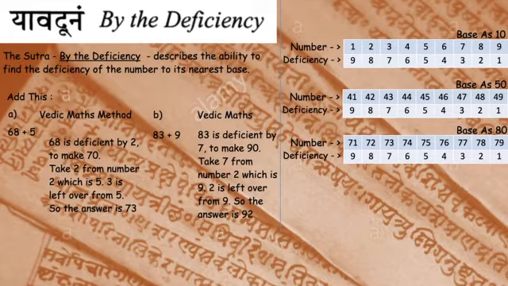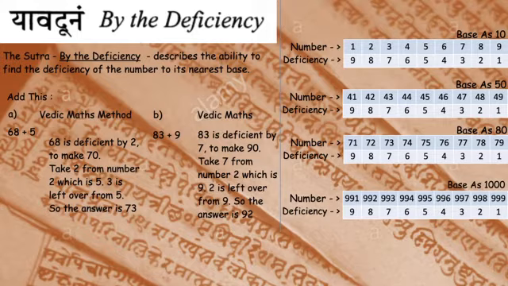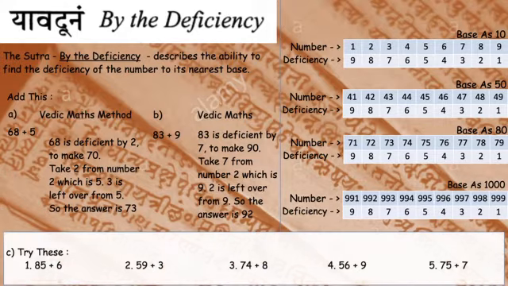Try this, practice this. This can be applied to higher numbers as well. For example, if we take 1000 as the nearest 10 for 991, then it is deficient by 9. The same thing applies to any number.